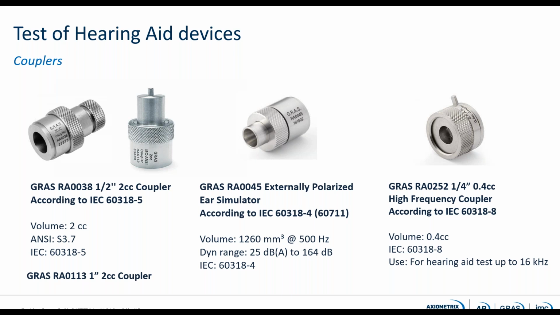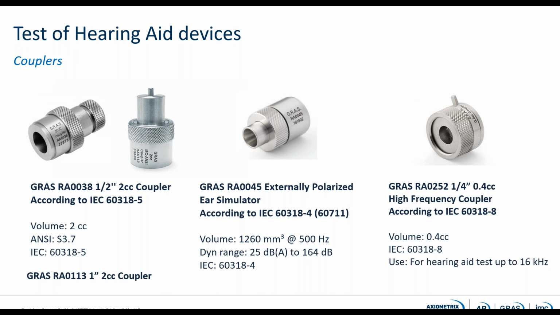This coupler is delivered with a built-in microphone, a 1/2 inch microphone built into the coupler. It is difficult, and we will not recommend, to remove this microphone from the coupler, because this microphone will, together with the rest of the mechanical parts inside the coupler, generate the right volume and the right resonance frequency.